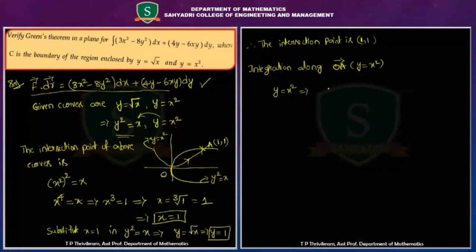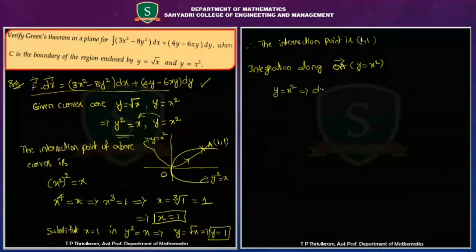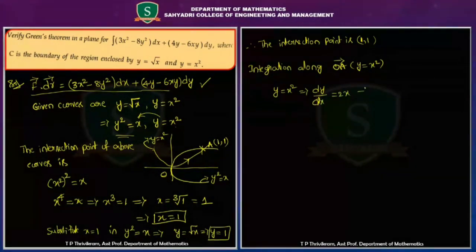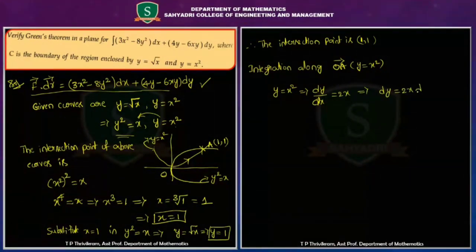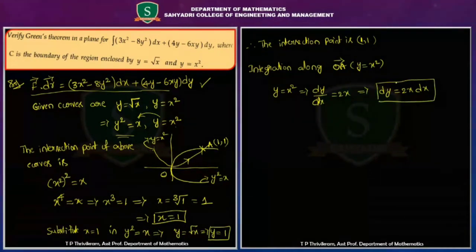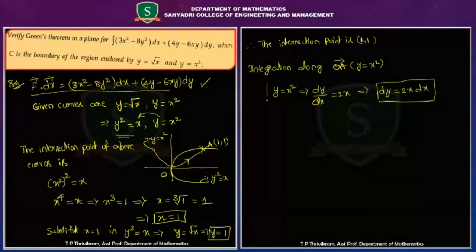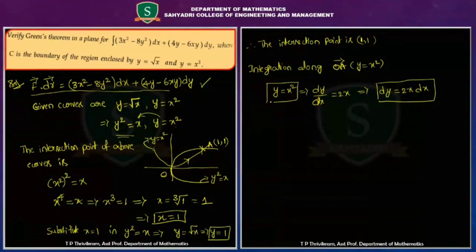So I differentiate with respect to x: dy by dx is equal to 2x, which implies dy is equal to 2x dx. So when y equals x square, we got dy as 2x dx.